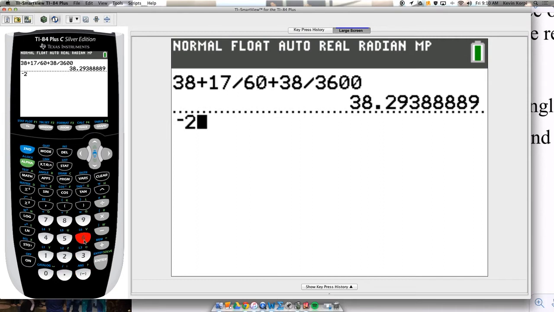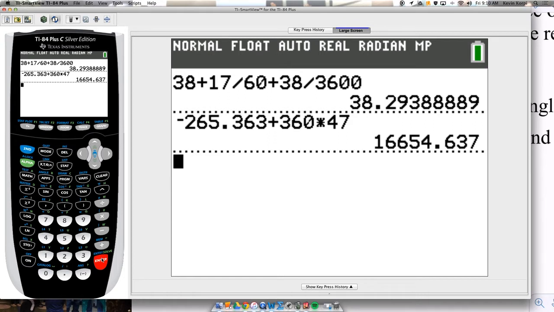Negative 265.363 plus 360 times 47. You want to get in the habit of always writing down first on your iPad or paper the expression that you are going to be typing into your calculator. Write it down first because you always have to show me what it is you're doing, and then you can write the answer.